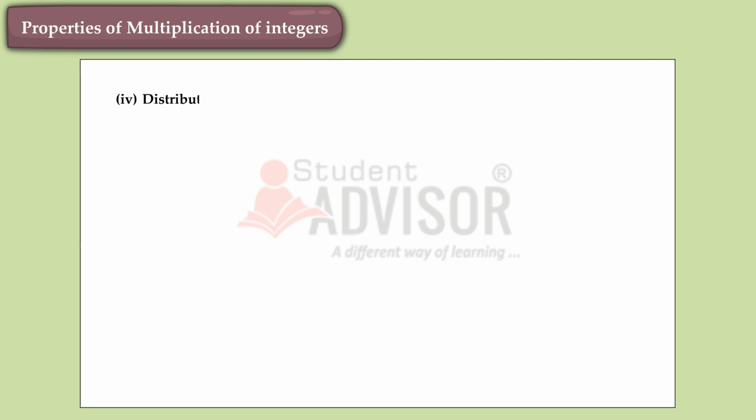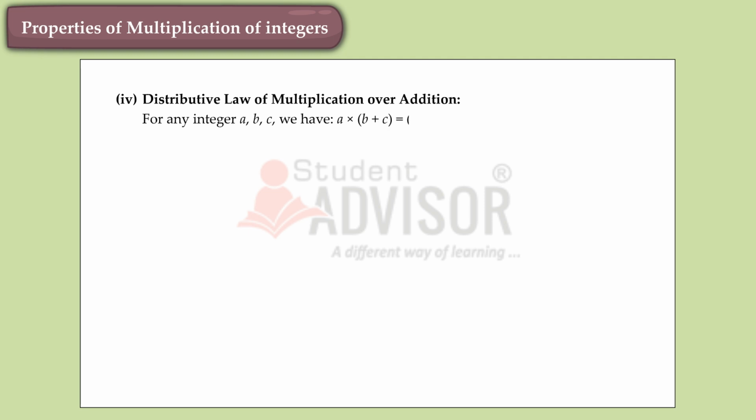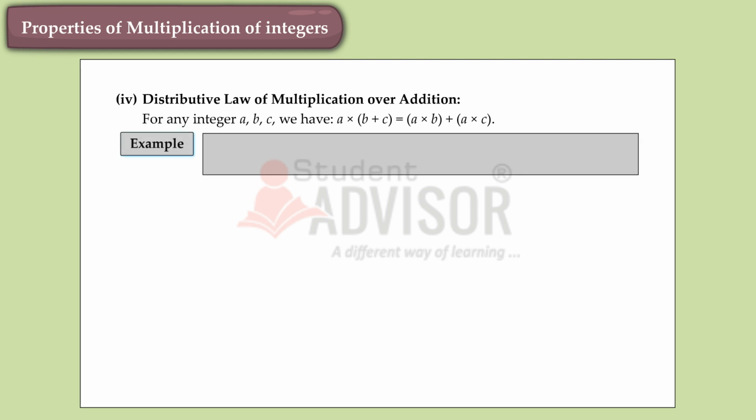Distributive law of multiplication over addition. For any integers a, b, c, we have a multiplied by the sum of b and c is equal to the sum of a multiplied by b and a multiplied by c. Study the given example.